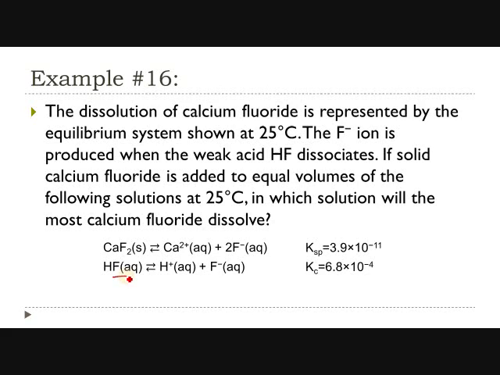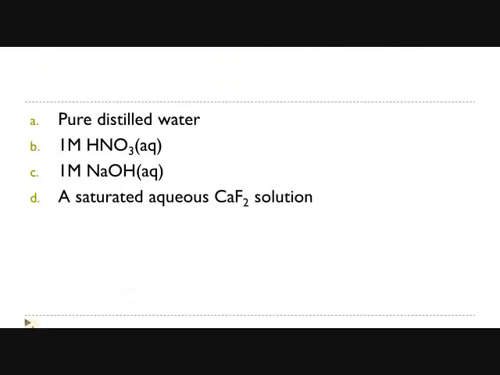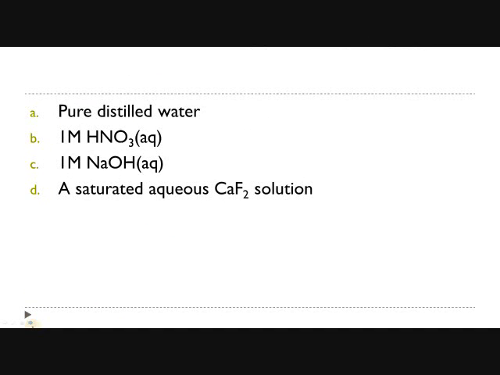So this is saying that we have a beaker full of the hydrofluoric acid, and then we're putting the calcium fluoride into it. We want to know, if we put calcium fluoride into one of these four options, which one will have the best chance for solubility?